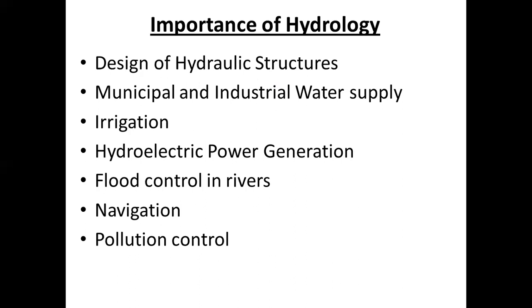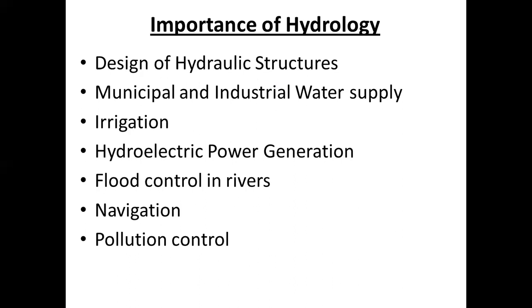Okay, so the next important point is irrigation. Now, usually dams are constructed to store water. Whenever there is excess, the water gets stored there, and whenever there is a need, the same water can be used for both domestic purposes and irrigation purposes. So for estimating the maximum storage capacity, evaporation and the other losses should also be properly estimated.